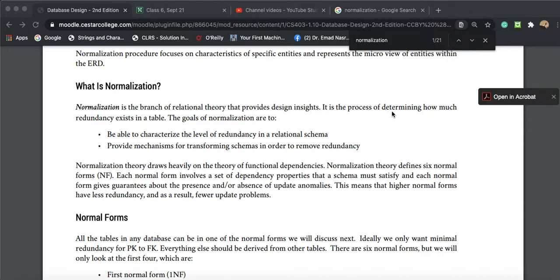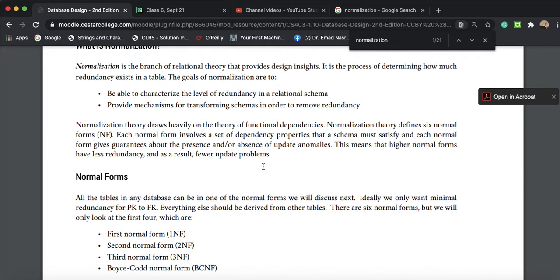It is the process of determining how much redundancy exists, not just redundancy, but many problems. Redundancy is one of the problems. The goals of normalization are to be able to characterize the level of redundancy in a relation schema, and provide a mechanism for transforming schemas in order to remove redundancy and other problems.